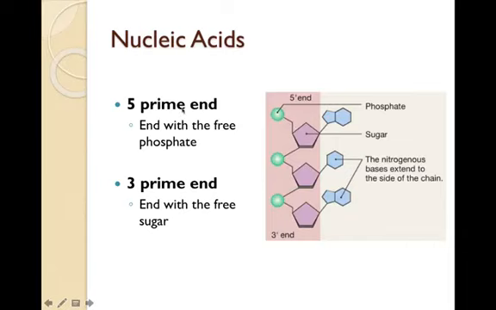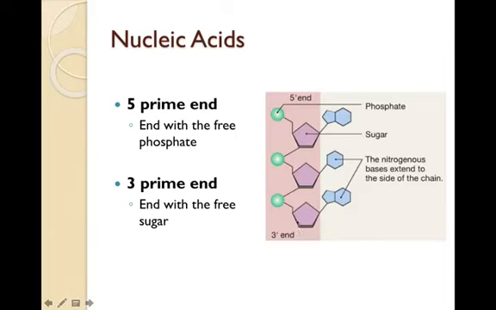The 5' end is the end with the free phosphate. The phosphate is linked to the sugar, then the next phosphate is linked to the sugar, so it goes phosphate, sugar, phosphate, sugar, phosphate, sugar. Notice that at the end of this chain of nucleic acids, there's no phosphate attached.